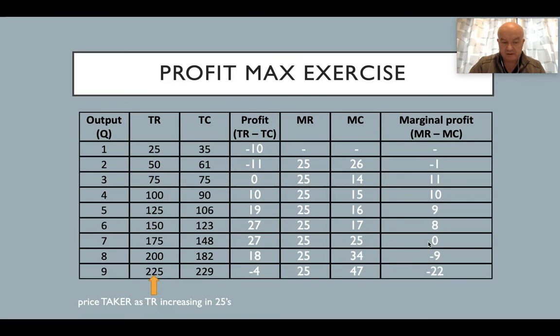One of the things to do is to recognise that our profit maximisation point is where MC equals MR at 7 units, where our marginal revenue and our marginal cost are the same. That would be our profit maximising level of output at 7 units.